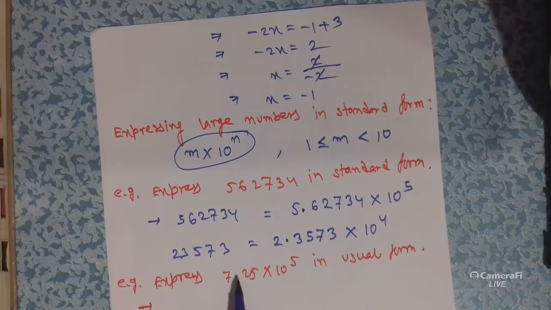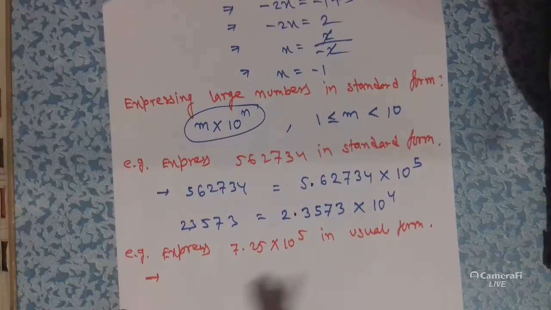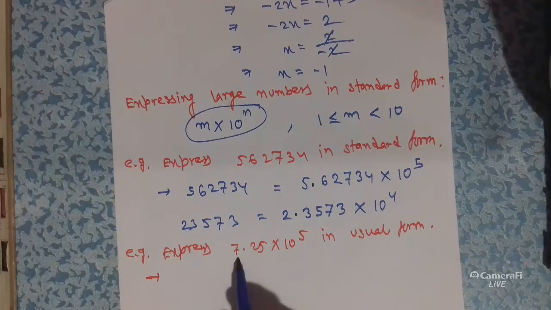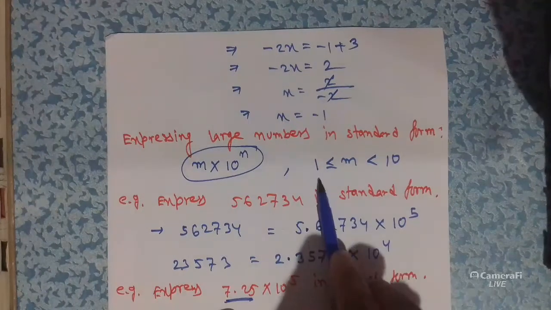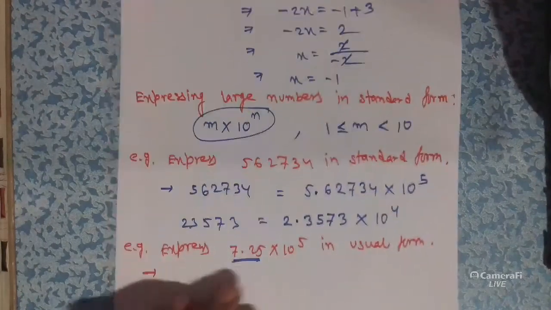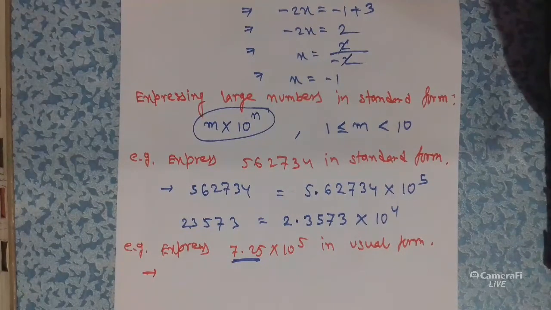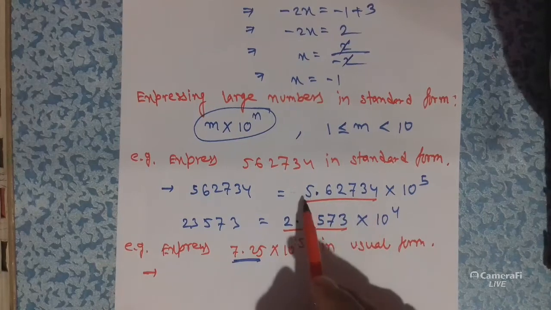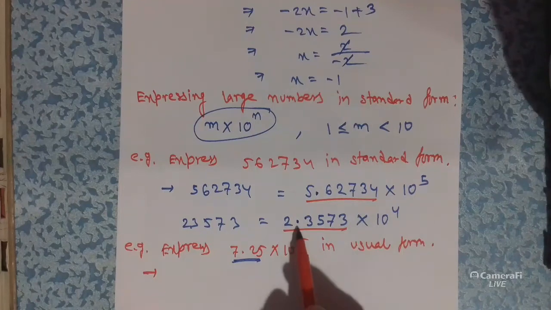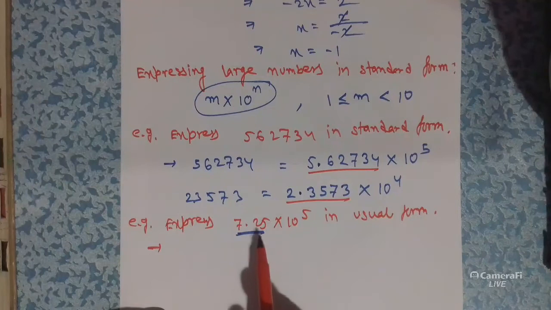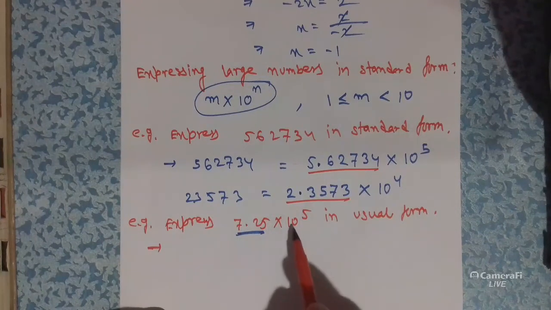We can see that this number is in standard form because it is 7.25, and as I told you, m should be 1 or greater than 1 but less than 10. I have already written some numbers in standard form. 5.62734 is between 1 and 10, 2.3573 is between 1 and 10, and 7.25 is also between 1 and 10, and it is in the form of 10 to the power n, so it is in standard form.